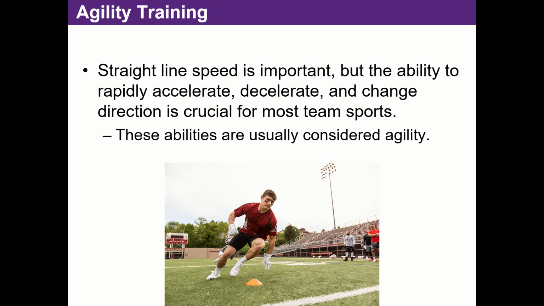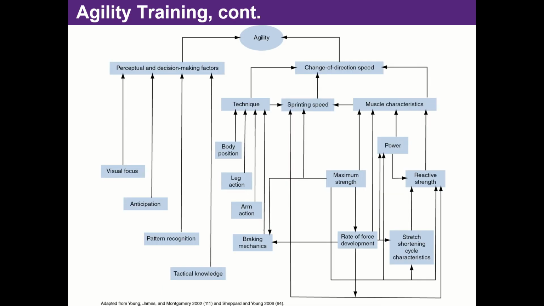The ability to do those things is as crucial in most of our team sports as all-out speed is. Because it's great that you can get from A to B, but can you react to an opponent's movement? And if you can't, well then all of that speed isn't going to be super helpful.